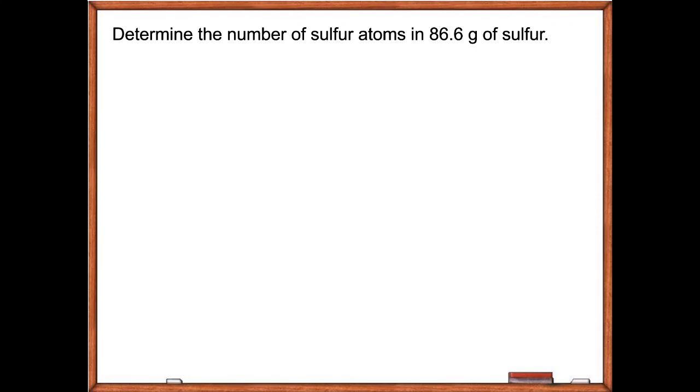Okay, so the first thing I want to do here is just start out from what I know. They're giving me 86.6 grams of sulfur. Another piece of information that will be helpful here is the molar mass of sulfur, which is 32.07 grams in 1 mole.